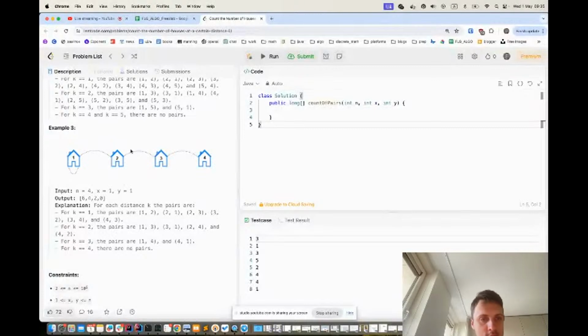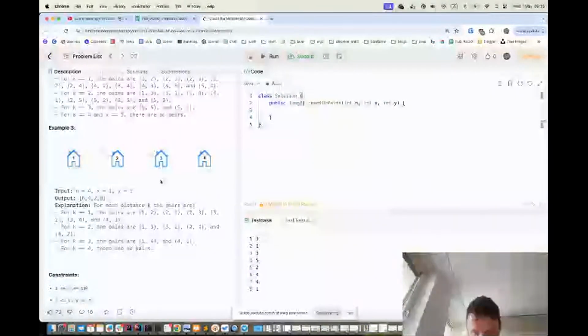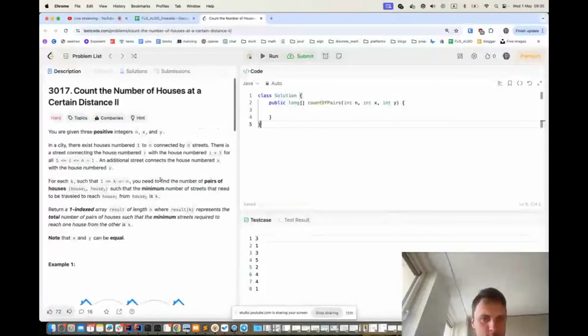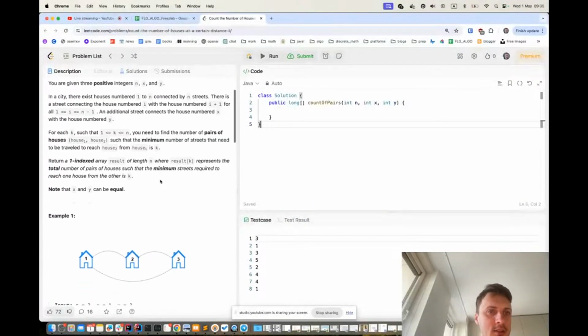Okay, we have n houses. Yeah, what does k mean? I'm not sure I understand this problem. Okay, so we are given positive integers. There exist n houses.